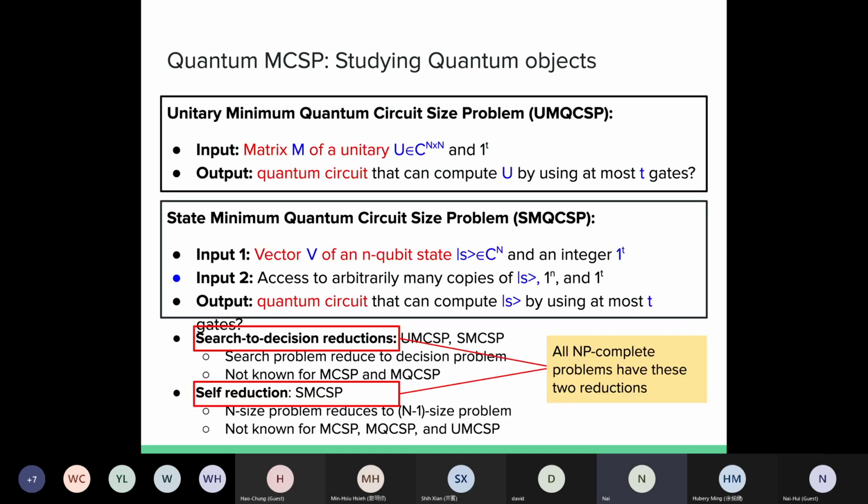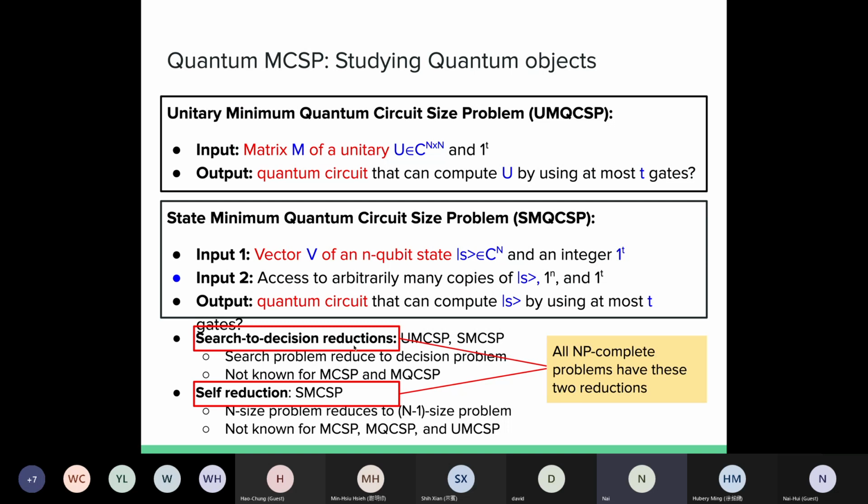And some other evidence is that for these two problems, they have a search to decision reduction, and the NP complete problems have this reduction. So these problems are more likely to be NP complete, or say NP hard. But for MCSP, the Boolean function one, we haven't been able to prove a search to decision reduction.